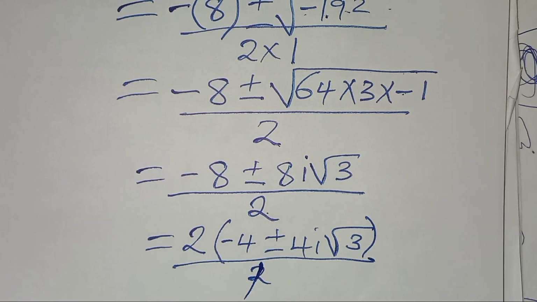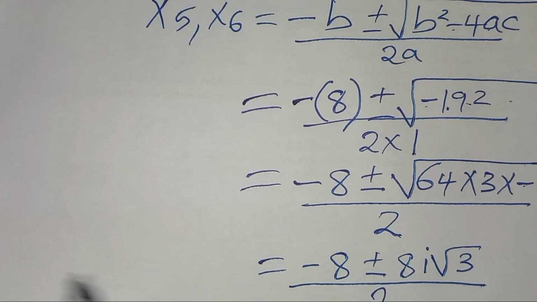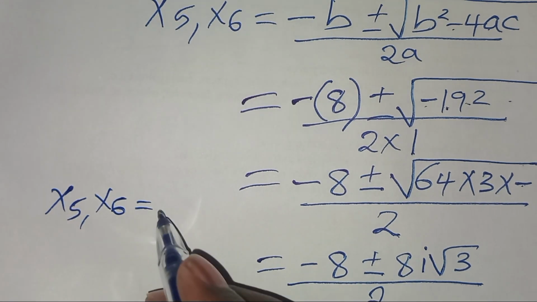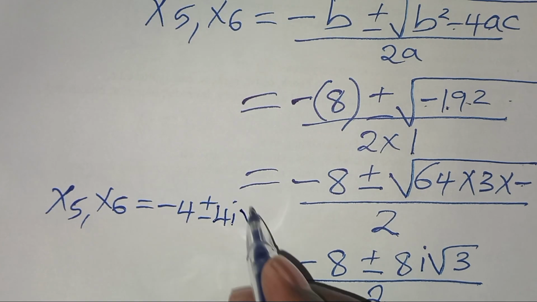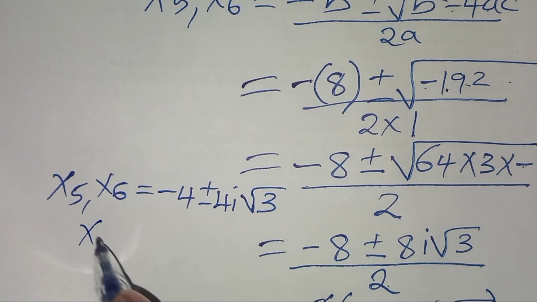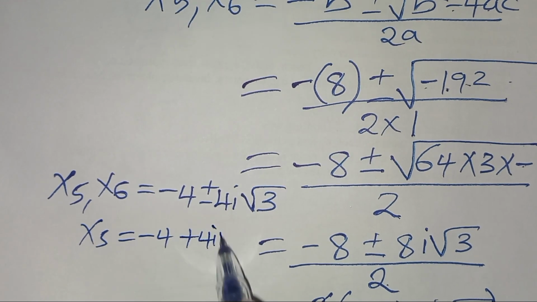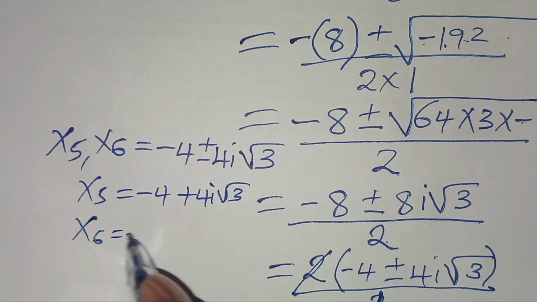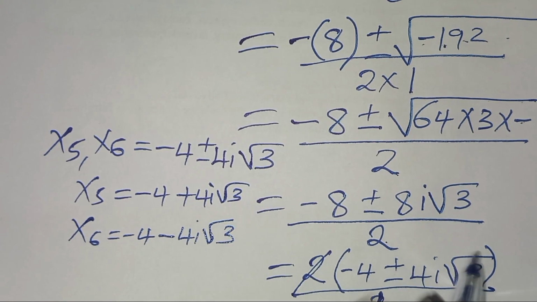So let's simplify here, so that now we'll have a solution here. That is x5, x6 is equal to negative 4 plus or minus 4i square root of 3. So that implies that x5 is equal to negative 4 plus 4i square root of 3, and x6 is equal to negative 4 subtract 4i square root of 3.